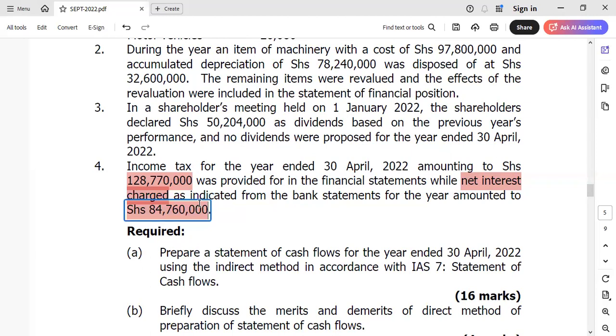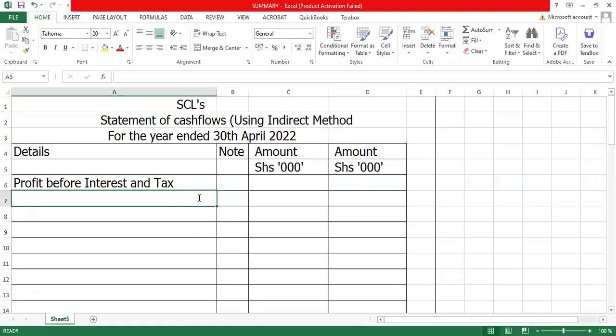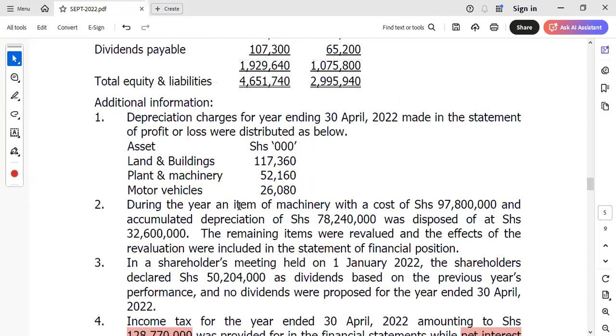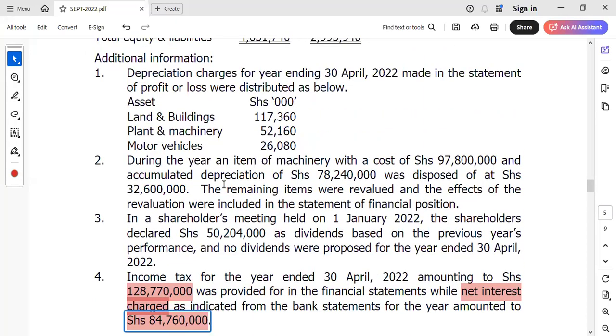Okay, so how are you going to get profit before tax, and how are you going to get profit before interest and tax? But also, as you try to read through, you need to first know whether the company declared dividends or whether the company paid dividends.